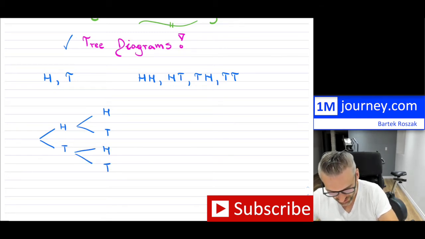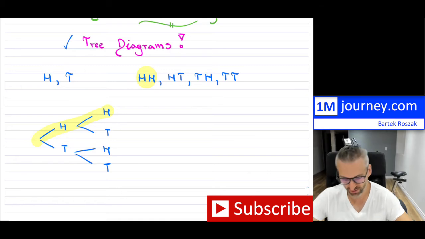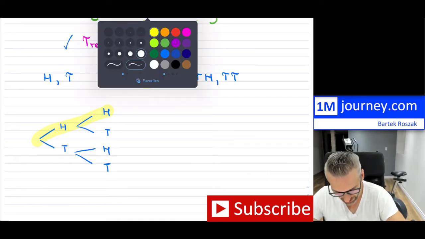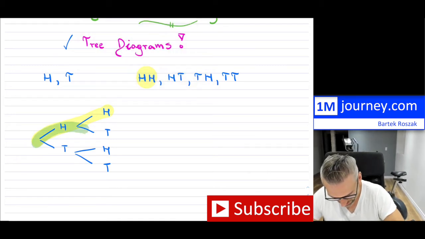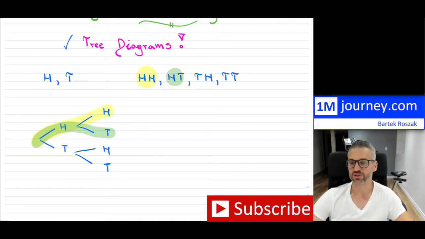Each path on the tree will simply create a possible outcome. So that would have been my first one. If I went this way, this would have been my heads and the tail. I think you get the gist, so you can just keep going.